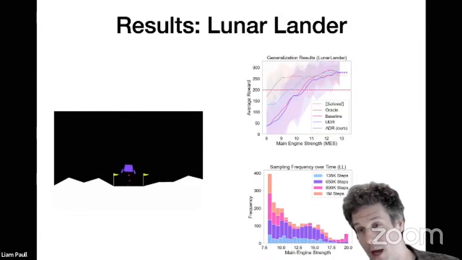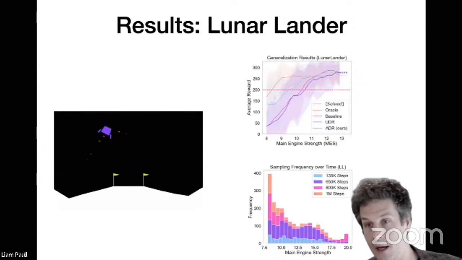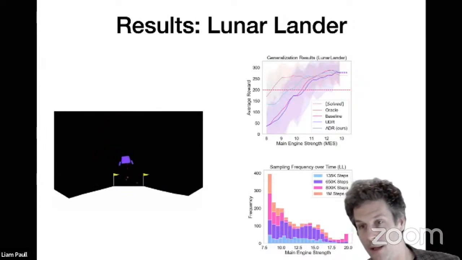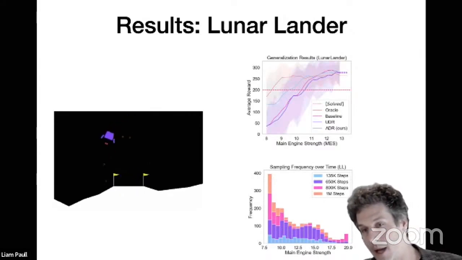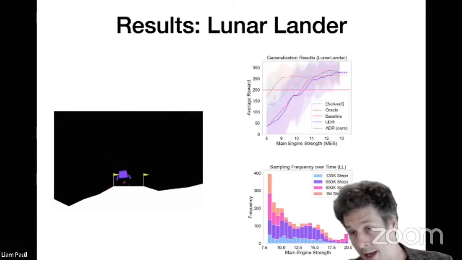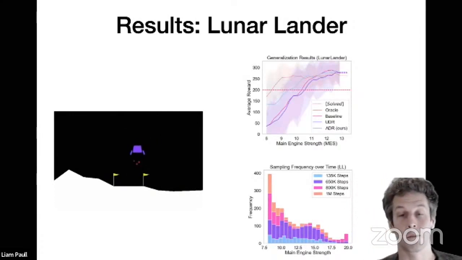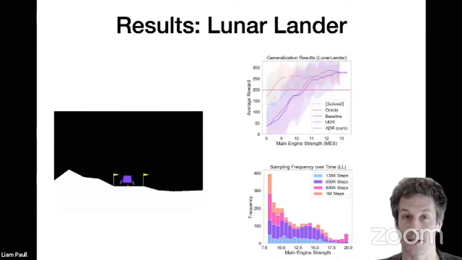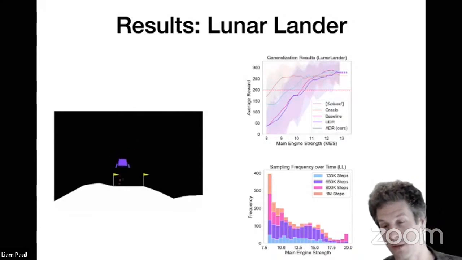What the top graph on the right here is showing is the generalization performance of our method in light blue compared to all the other methods. And you can see that our method is able to generalize better into these low engine strengths. What I show in the bottom right is the histogram of the number of times each main engine strength was chosen as a simulation instance by the SVPG particles, time-stamped over time.